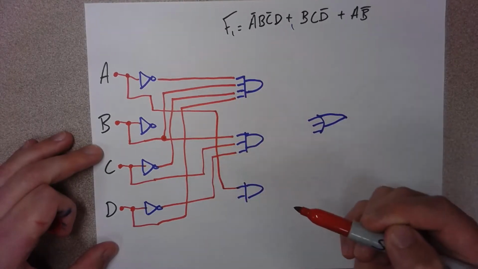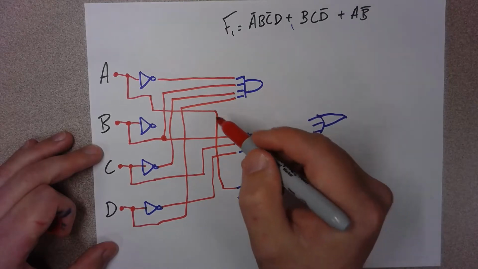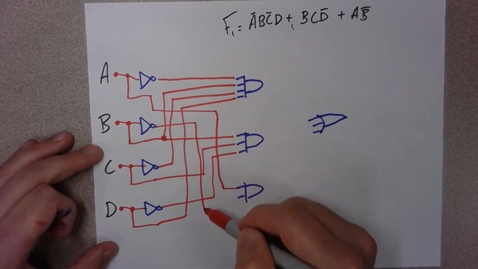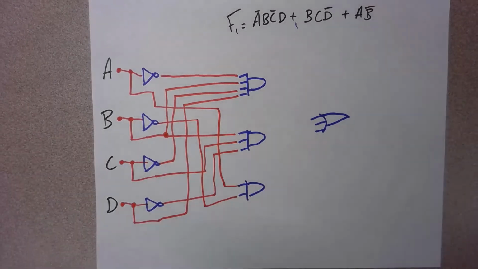First A there, and then not B. Try not to cross as many lines as possible. It does get a little messy sometimes, as you can see.